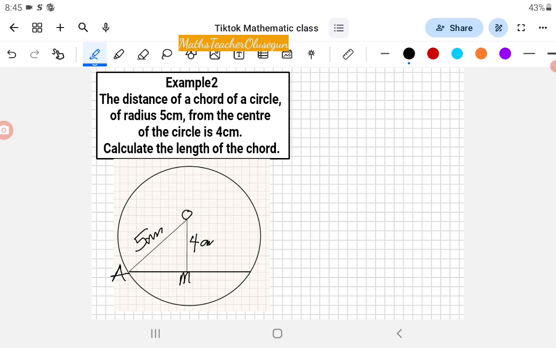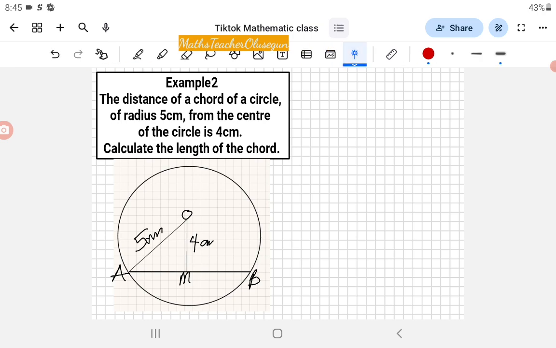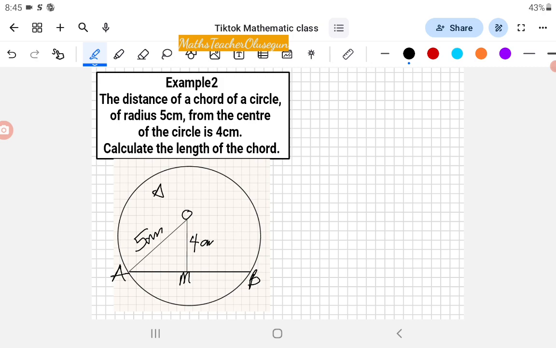Let's represent the midpoint as M, and the other end as B. I want you to understand one fact: AM is equal to MB. It is important for you to know that AM is equal to MB. This line is equal to this line.